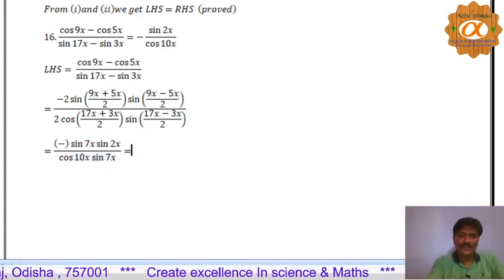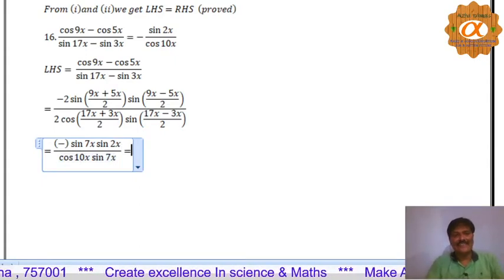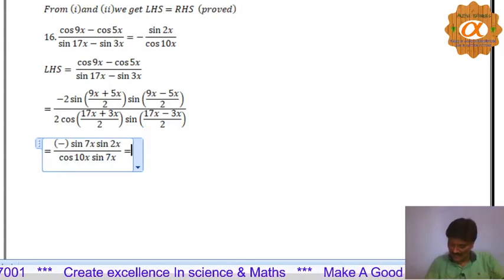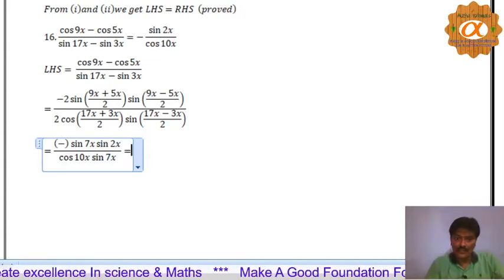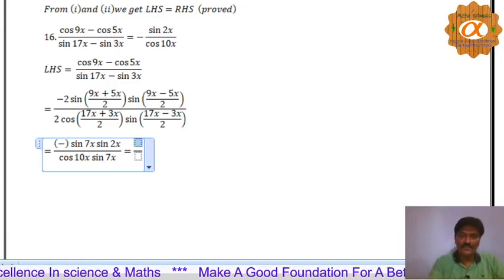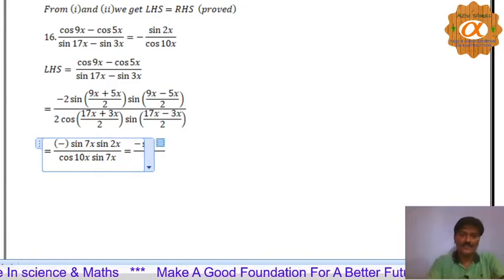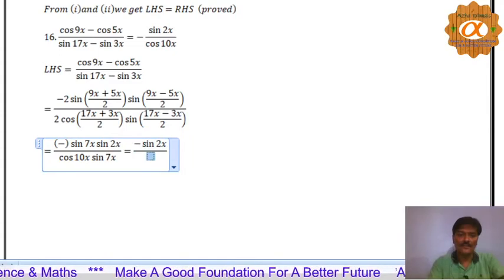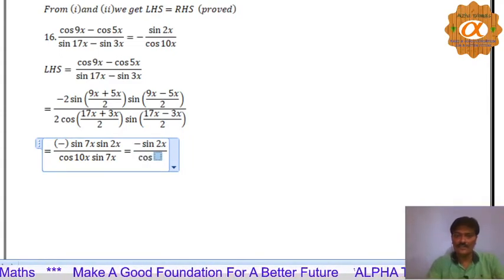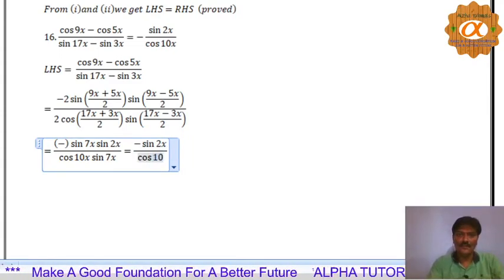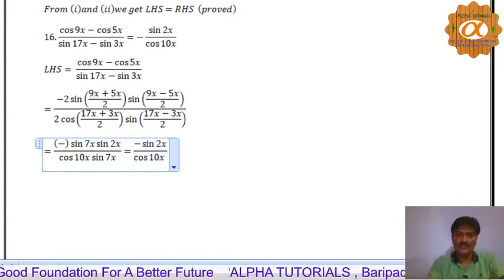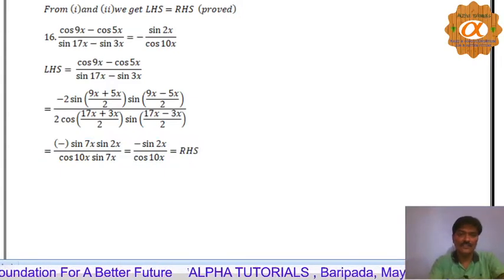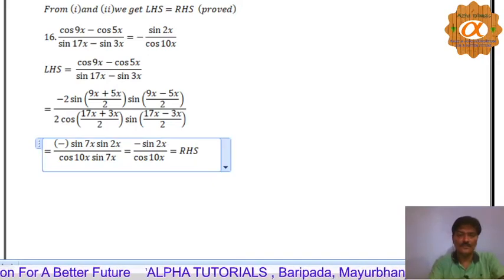Now sin 7x and sin 7x cancel out, and it becomes minus sin 2x by cos 10x, and this is our RHS. This is equal to RHS, and proved.